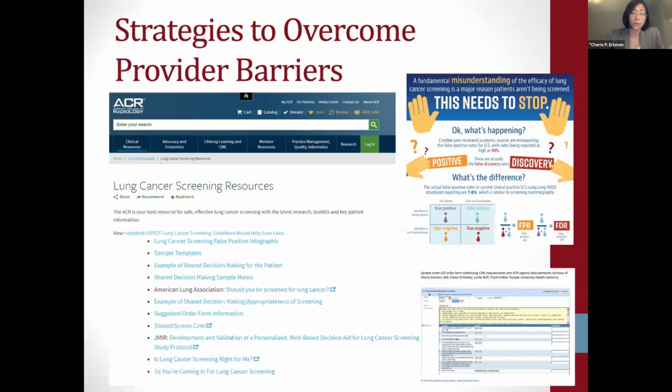They have a toolkit for starting a lung cancer screening program. We contributed some EPIC templates and order sets, and there are a bunch of resources on questions like misunderstanding false positives, understanding shared decision-making, and other resources for shared decision-making.